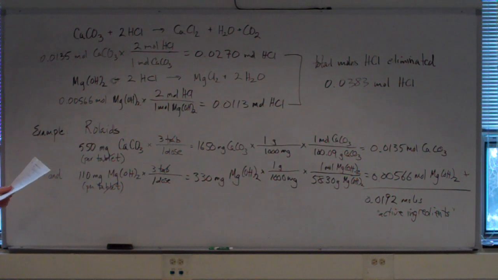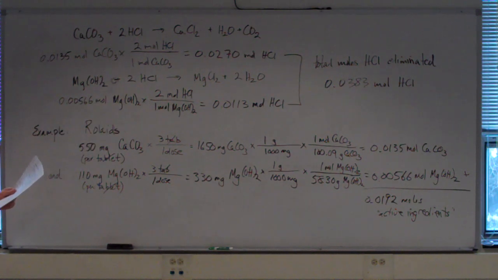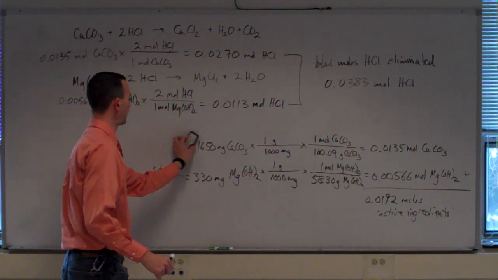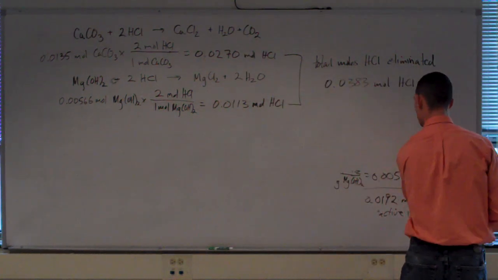Okay, the third pre-lab question then asks us to take the moles neutralized and turn that into the cost effectiveness of our antacid. This is just really a unit conversion, although we do have to couple in the costs of our materials.